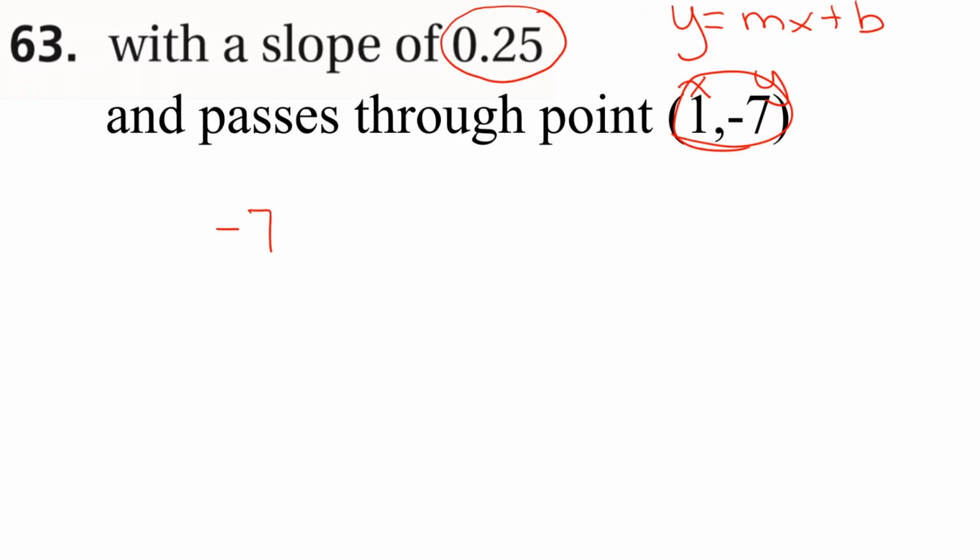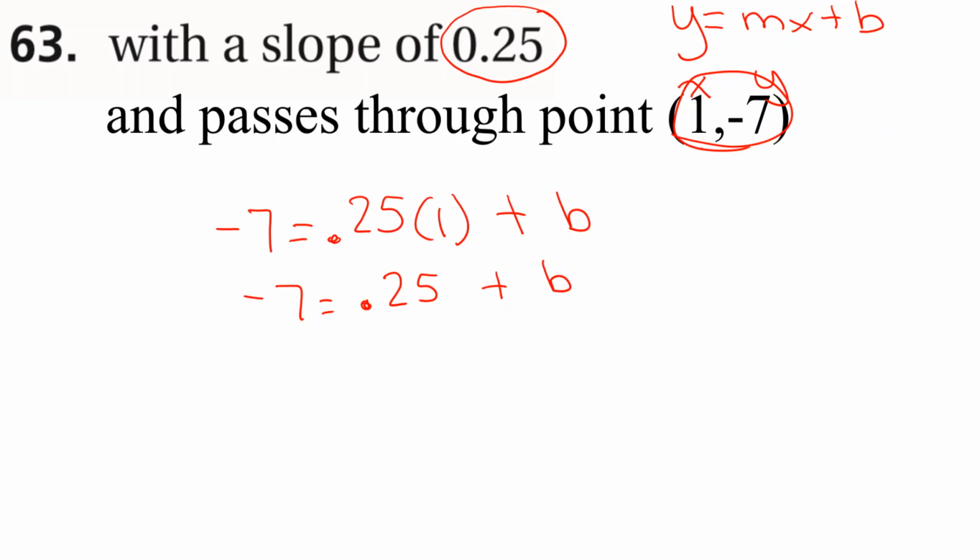y is negative 7 equals m, which is 0.25, x, which is 1, plus b. So I have negative 7 equals 0.25, because 0.25 times 1 is 0.25, plus b.